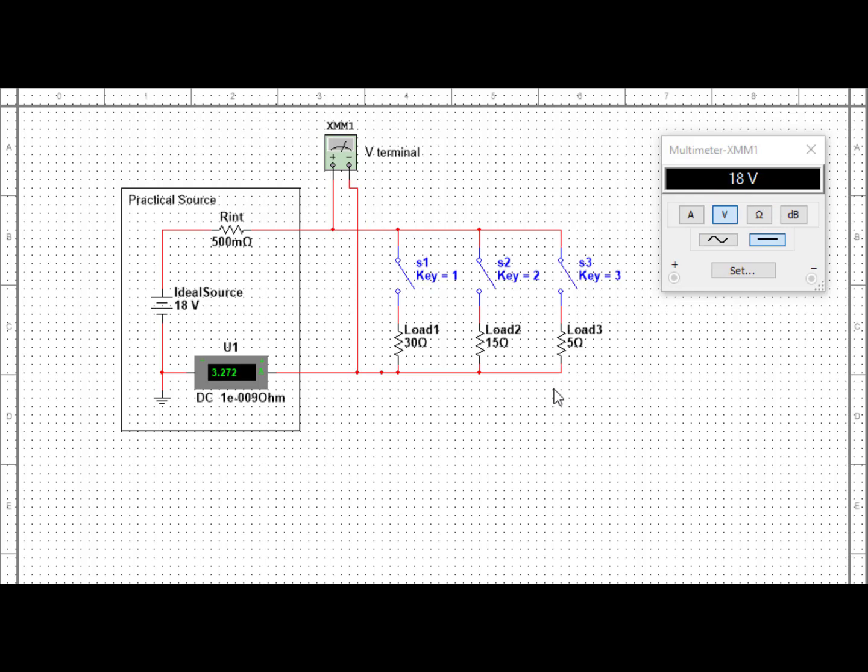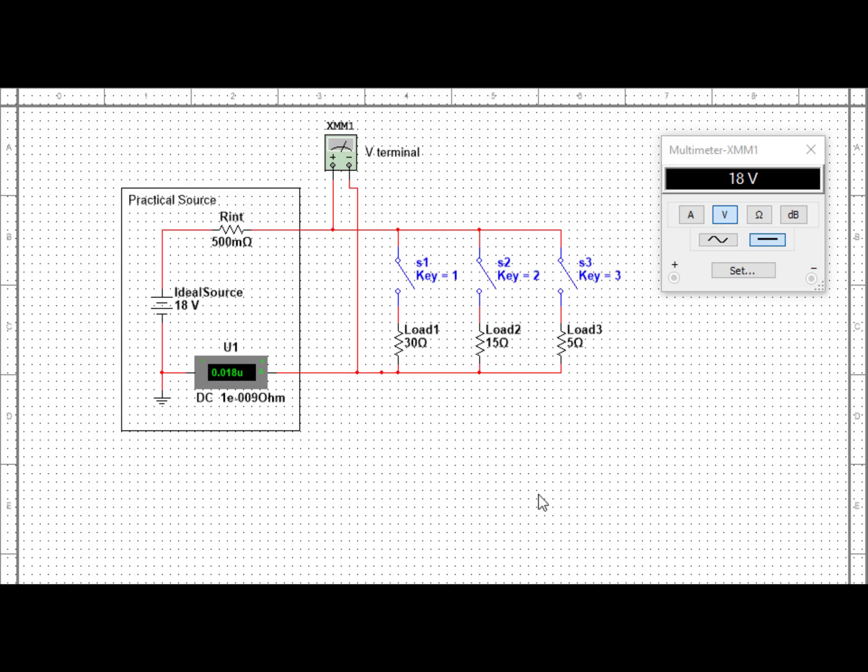Okay, if we open that again, now we're back to our open circuit V terminal value, indicating the value of the ideal source inside. So that's just an example to illustrate practical sources.